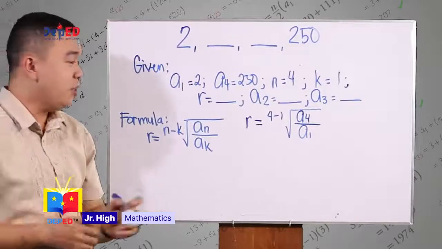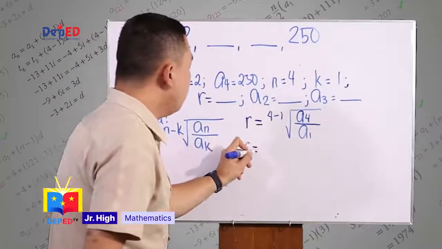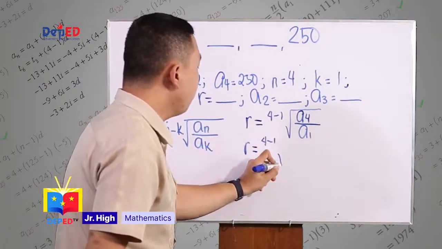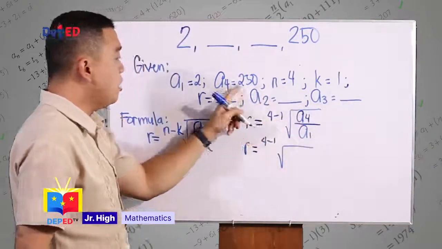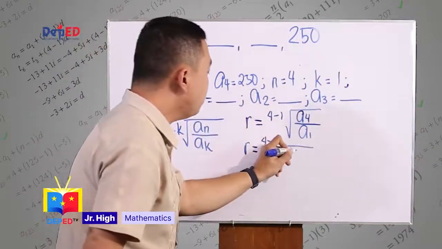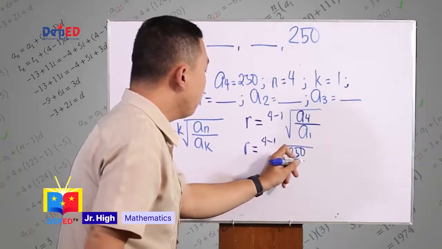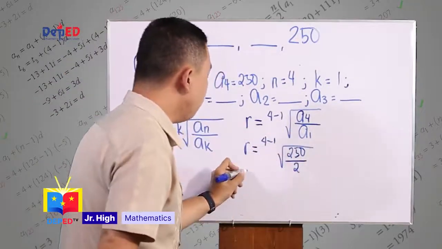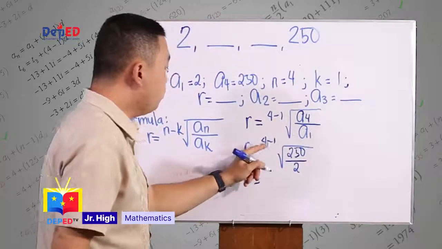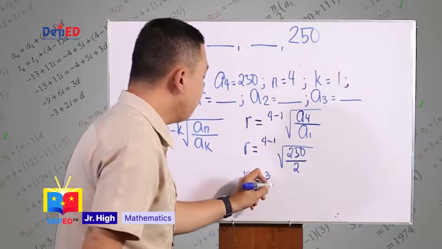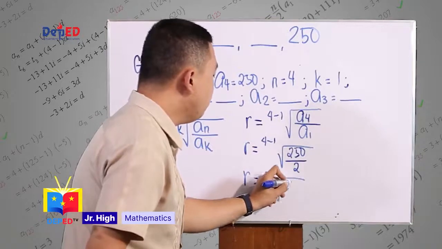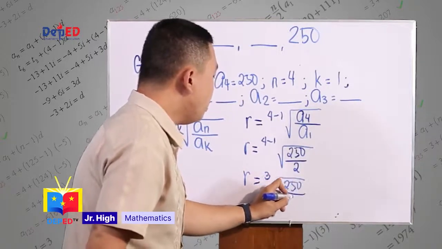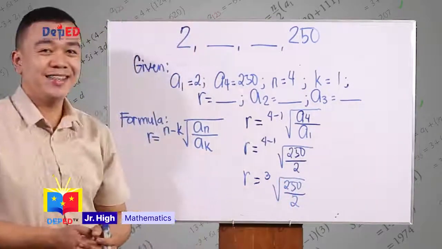Now, use the values. We have r is equal to 4 minus 1, our a sub 4 again is equal to 250 over a sub 1, which is 2. Then we will have r is equal to 4 minus 1 will give us 3, and the root of 250 divided by 2.